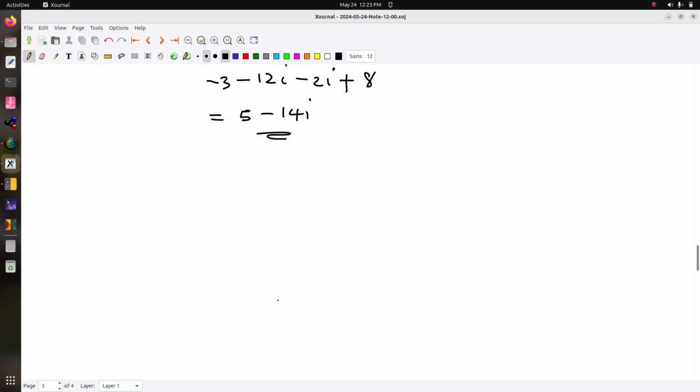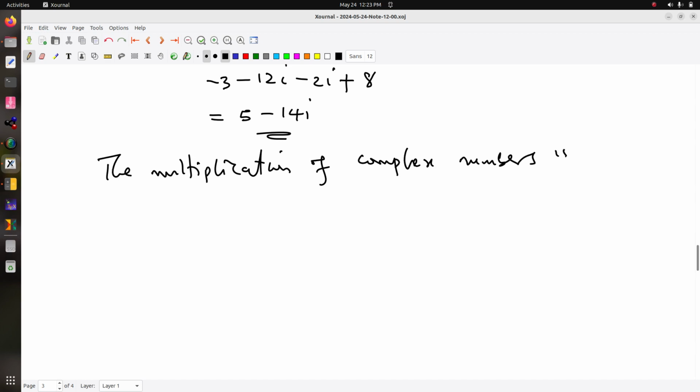Alright, now you should note that the multiplication of complex numbers is both commutative and associative.